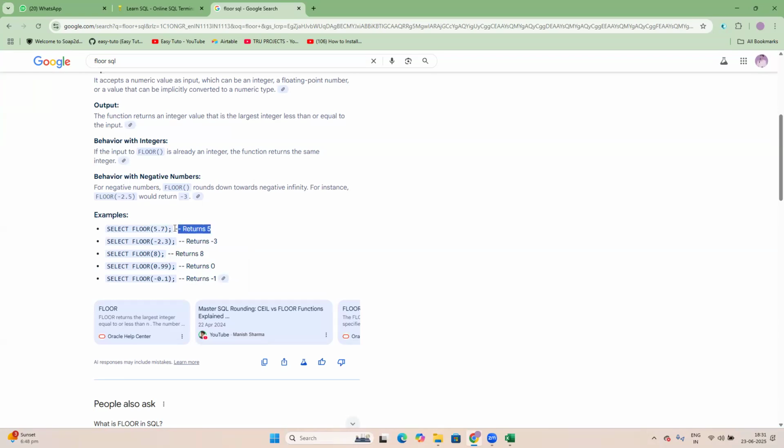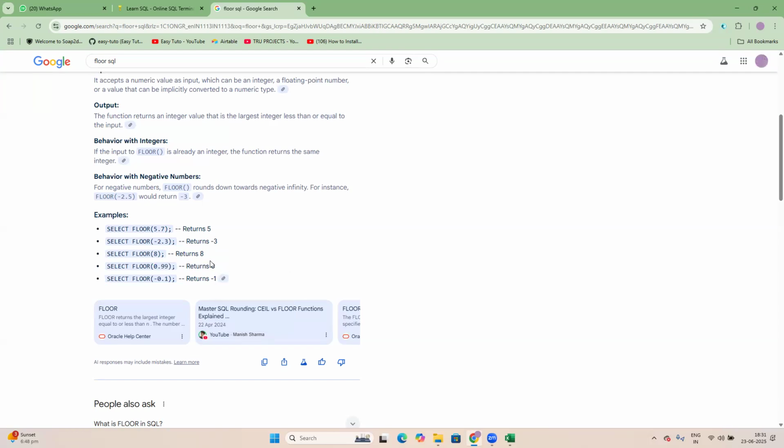It will go to 5, because the down value for 5.7 is 5. If we go into minus, the down value for minus 2.3 is minus 3. Even if I'm going 0.99, still it will return 0.